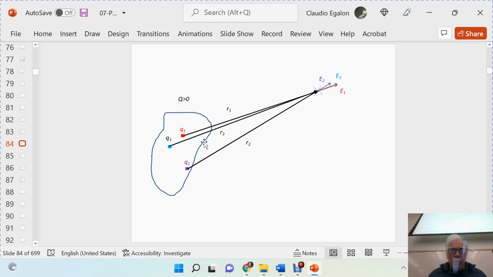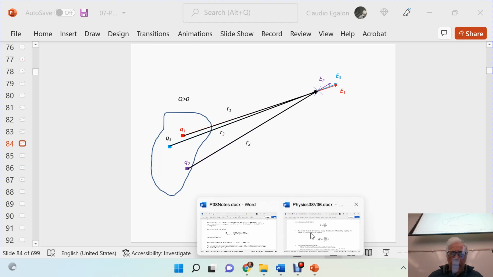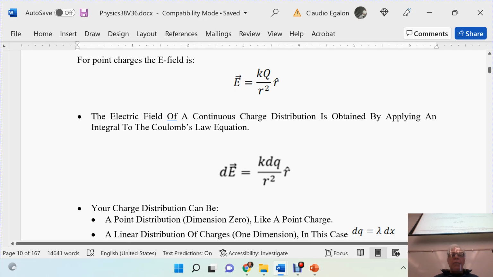So mathematically speaking, how do we characterize it? Remember the electric field of a point charge is kq over r squared r hat, right? The infinitesimal field contribution from a small element of charge is going to be given by k dq over r squared.